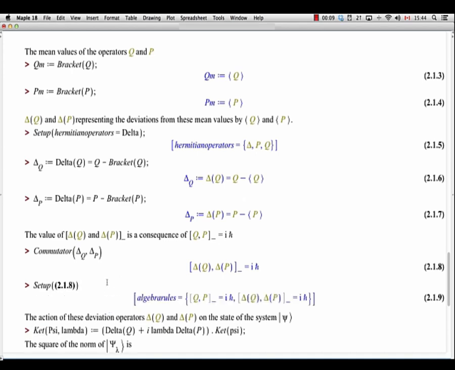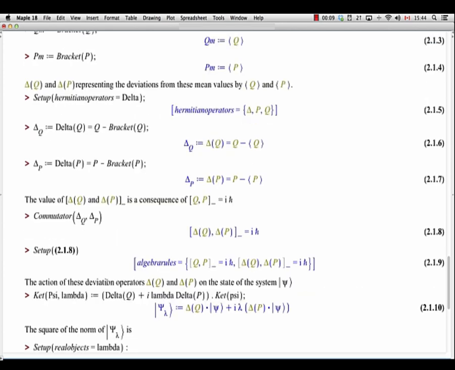We add this to the algebra rules in order to apply it at the time of simplifying. To find this lower bound for the product of the deviations with respect to the mean values, we define a ket psi that involves the application of these deviations, delta q and delta p, over an arbitrary ket of the basis, and we introduce a parameter lambda. We will soon see why.